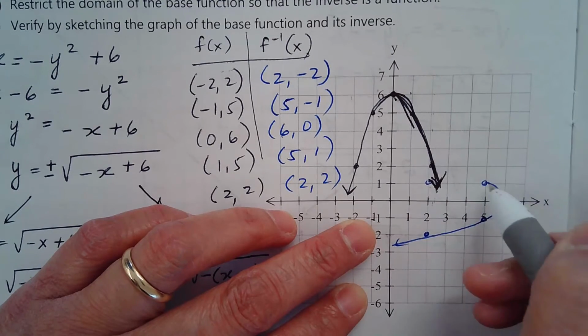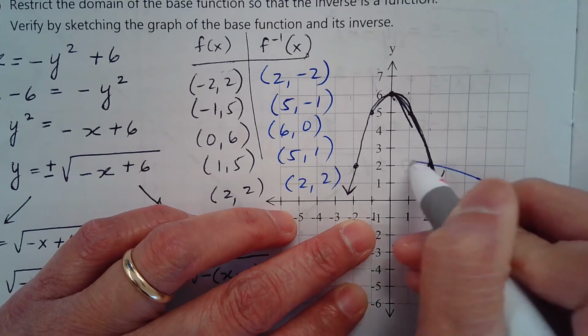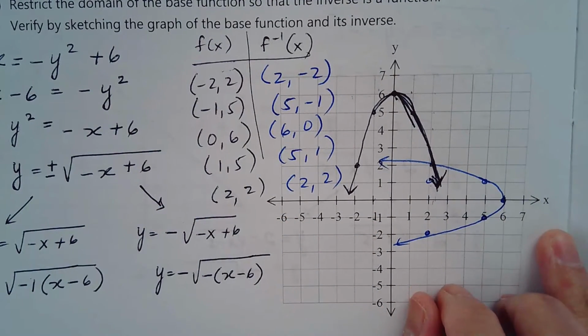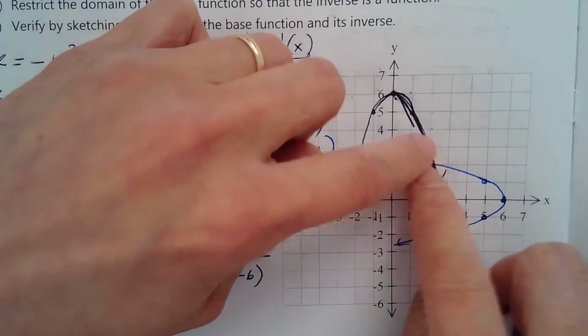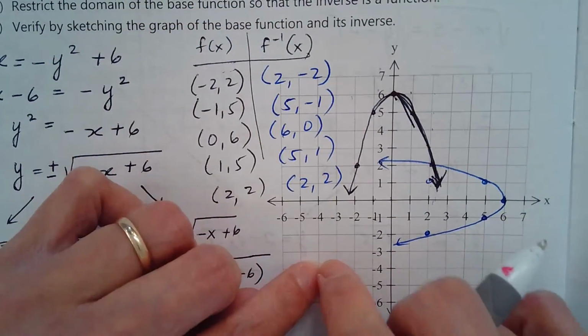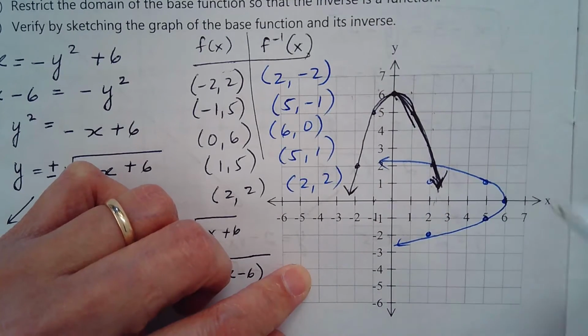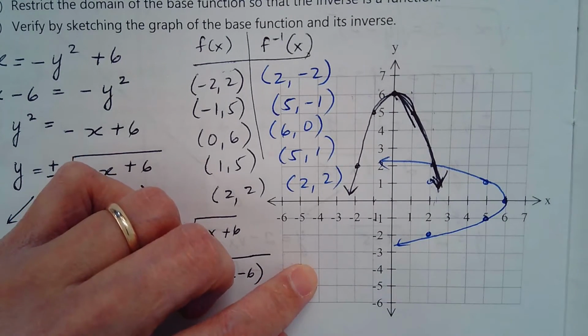And that one certainly looks like a reflection in the y equals x line. So I'll draw the y equals x line.